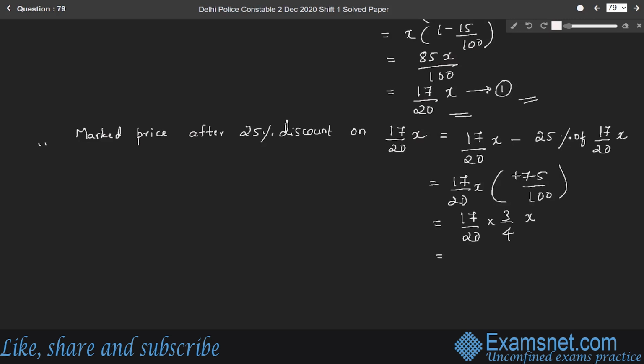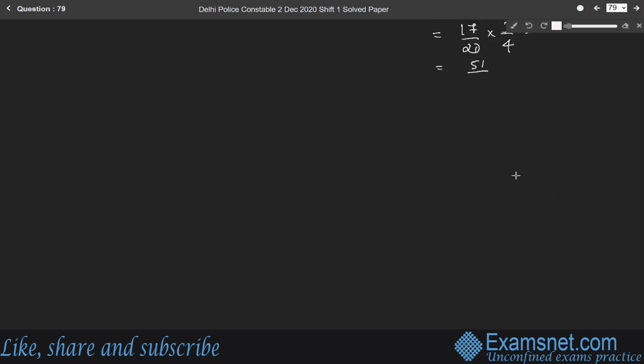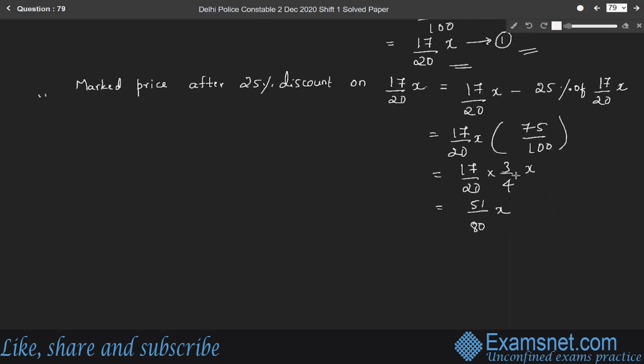So it is equal to 51 by 80x, right? So this is the market price after 25% discount on 17 by 20x. So consider this as equation 2, right?